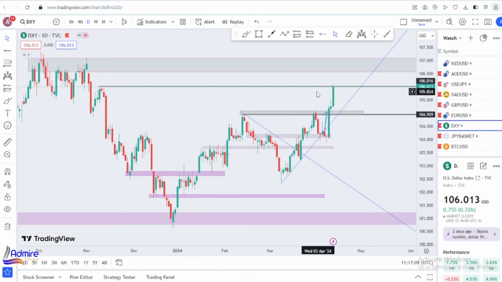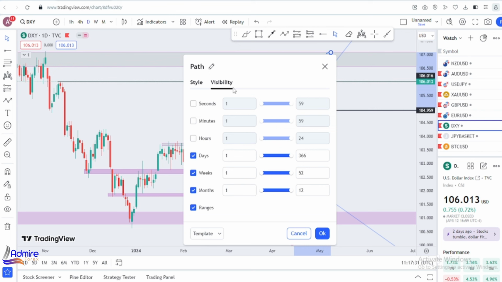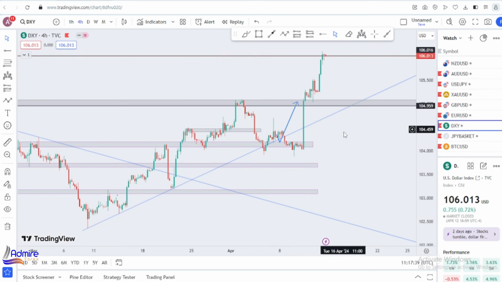What we'll be looking out for on DXY is more like some bearish retracement back into the 104 level, and then push continuations all the way to the next resistance, which is up here, the 107 area. There are also minor levels in which we can look for entry possibilities. There are two zones I'm looking out for.